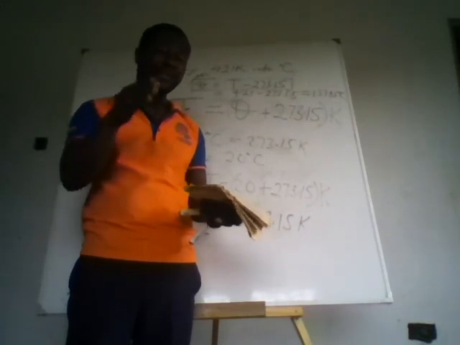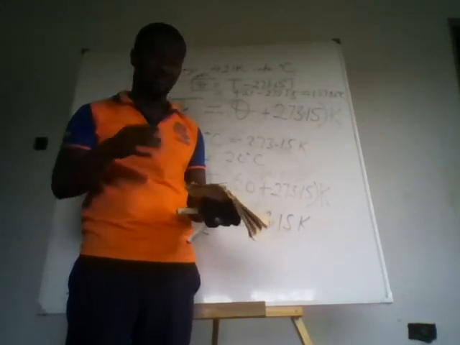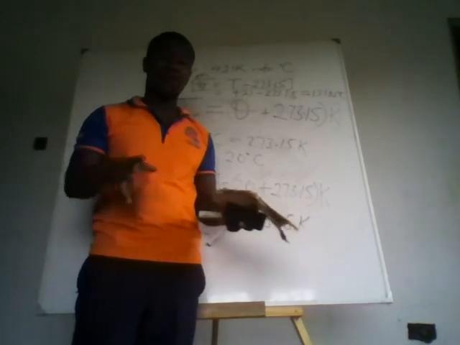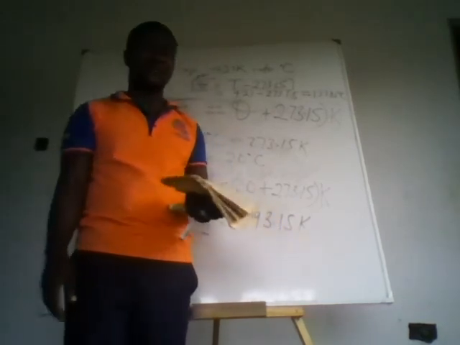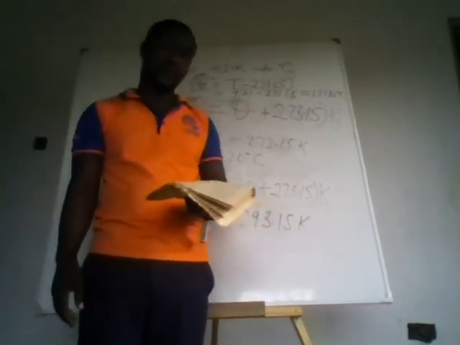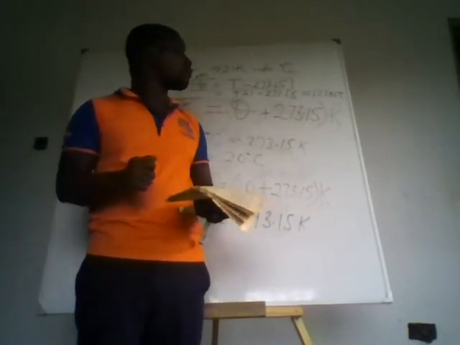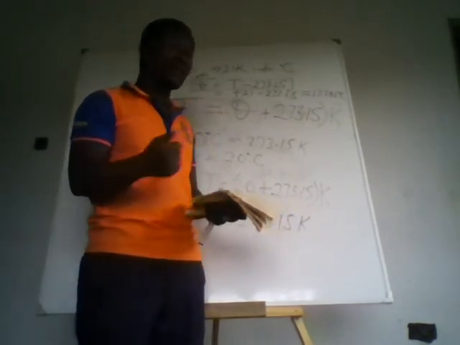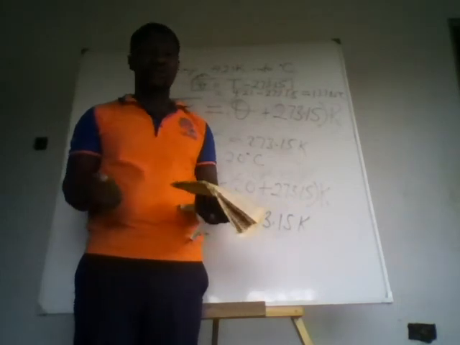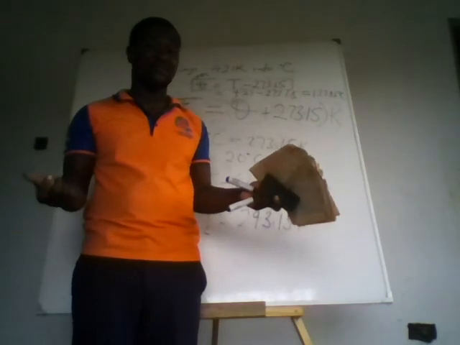I'll pause here, and in our next video, we'll look at how to convert from the Kelvin and Celsius scales to the degree Fahrenheit scale, which is also very simple.